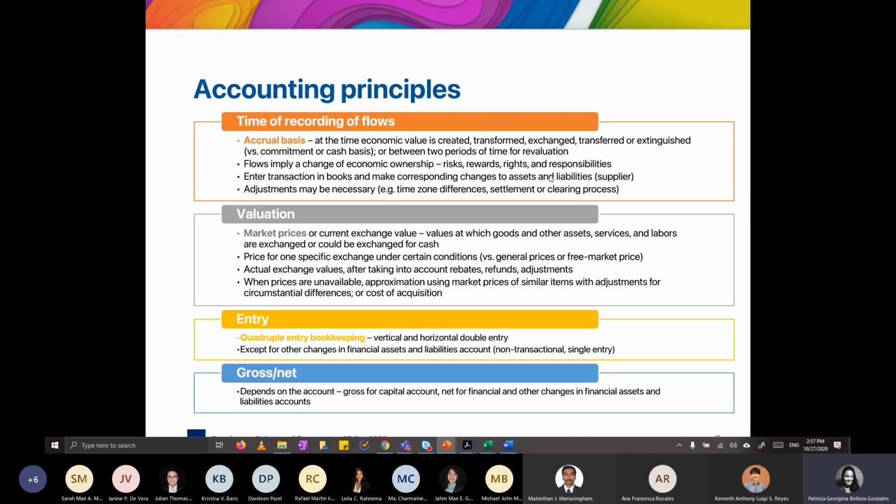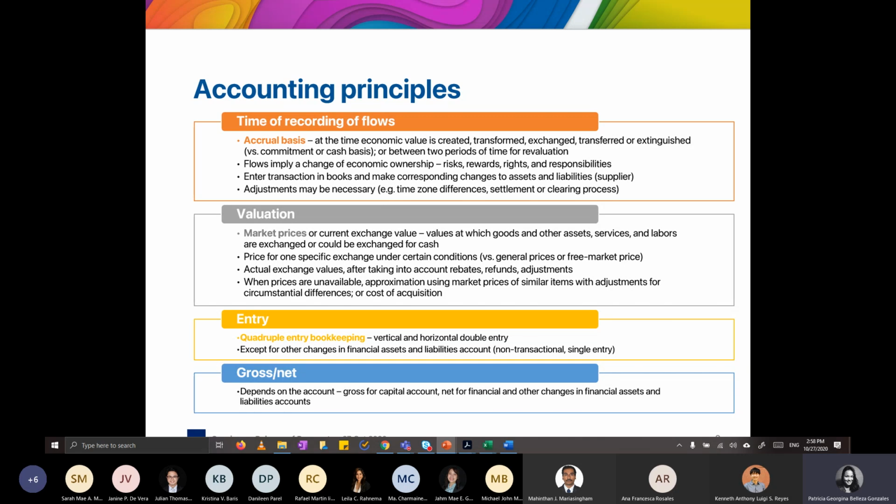It sometimes happens that there are discrepancies between the time the new owner received and the previous owner sent or transferred the economic asset. So, as a rule of thumb in practice, we just use the time of recording of the supplier, from which the economic asset came. So adjustments may be necessary. Like I mentioned, there may be discrepancies because of time zone differences, or just the time it takes to settle or clear a certain transaction.